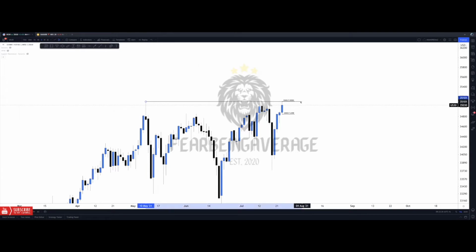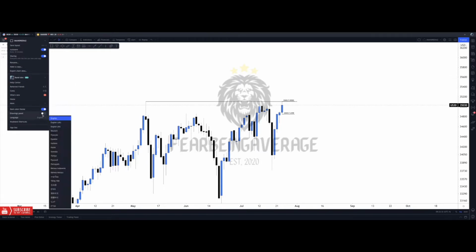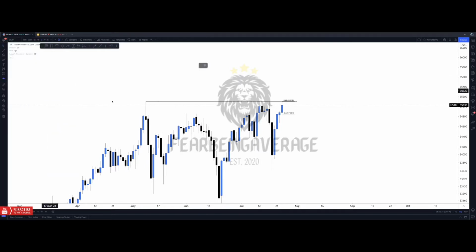So we overall understand this is an area we eventually want to see price come up to and take these highs out. This is an area I've been targeting for a while now. I was targeting it up here, but we had that retracement that got the liquidity from below these lows to now push higher. Overall, I'm expecting it to be a bullish week.